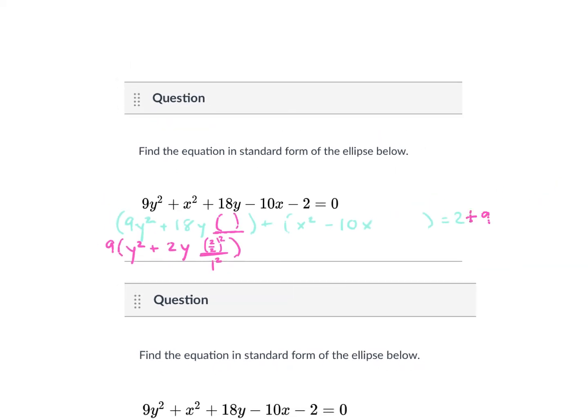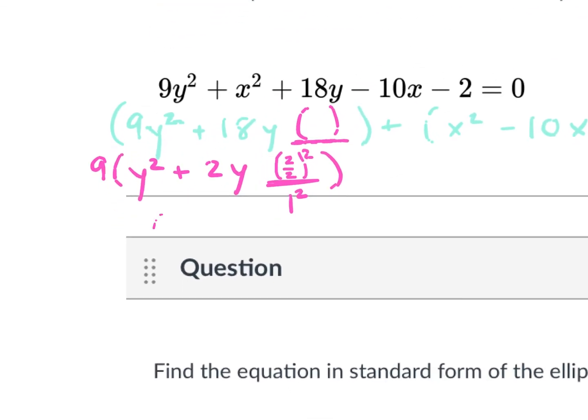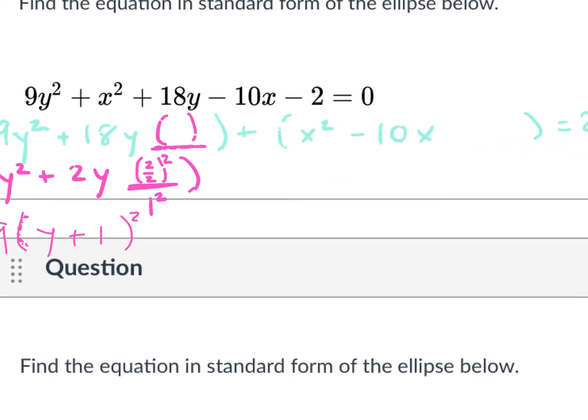And then I can do my parentheses squared. What's going to go in my parentheses? Y plus 1. And then I cannot forget that 9 out front. For my x's, what's going to help me complete the square here?